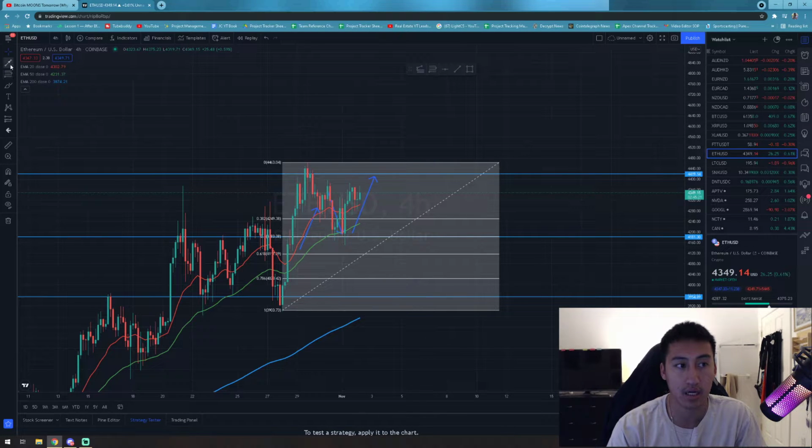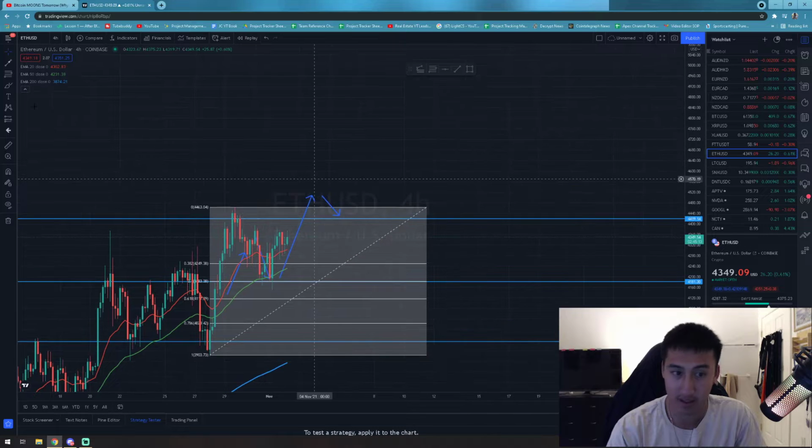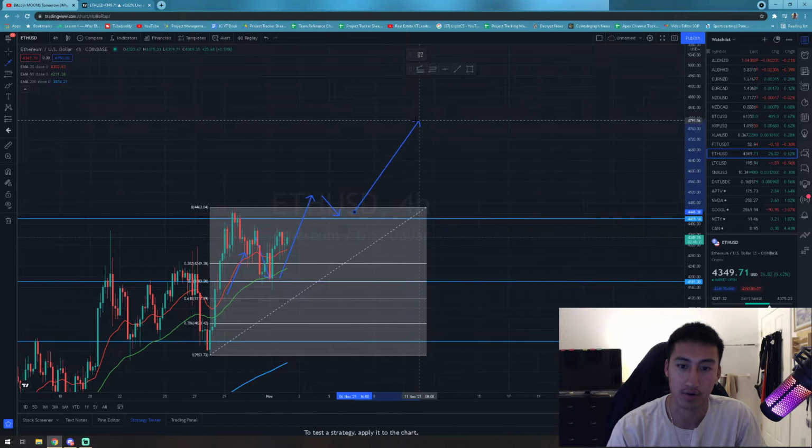And then once it does break through it, let me go like this. So say it breaks through, right? And then it's gonna retest again, right? And then after that it starts going back up.